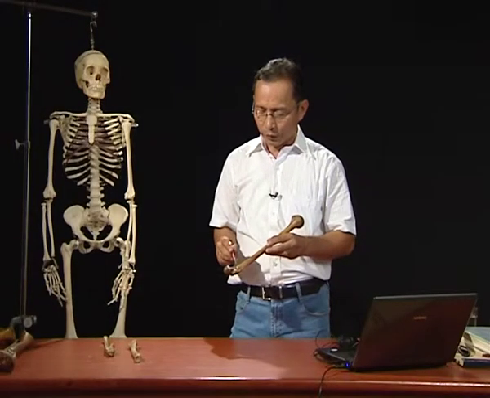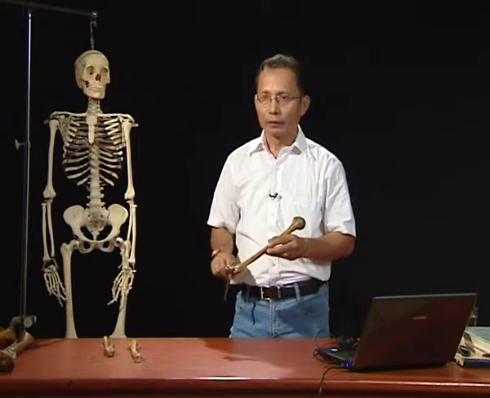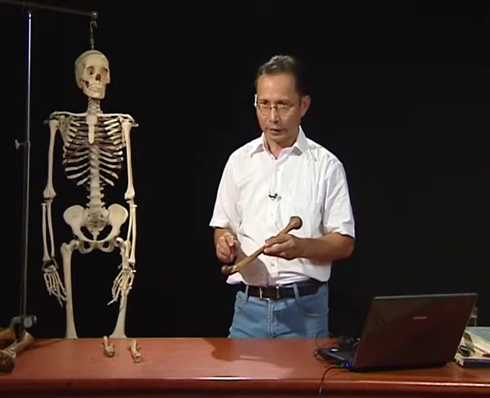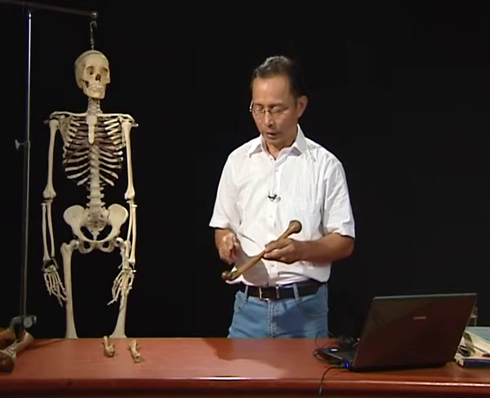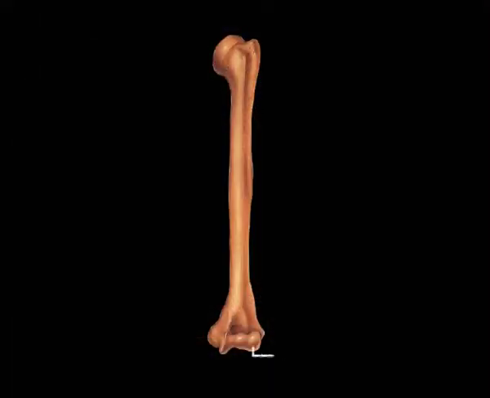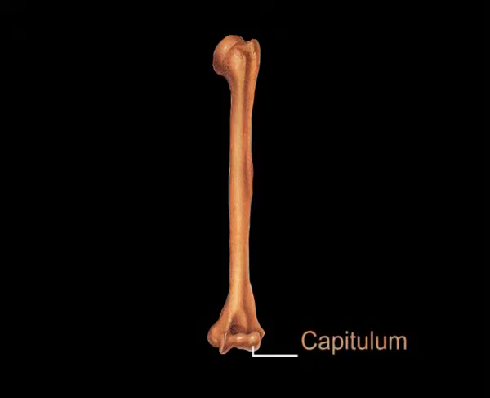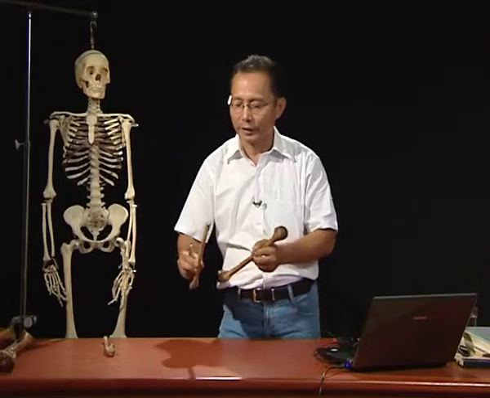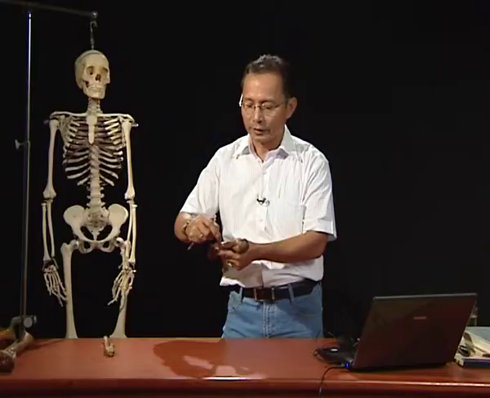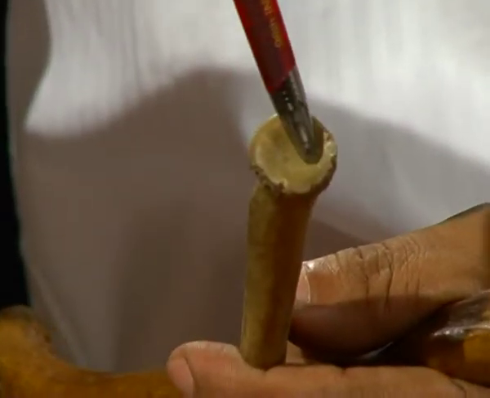Now you see, this lower end has articular part and non-articular part. This capitulum articulates with the fovea capituli of radius. You see, this is radius and this is fovea capituli.